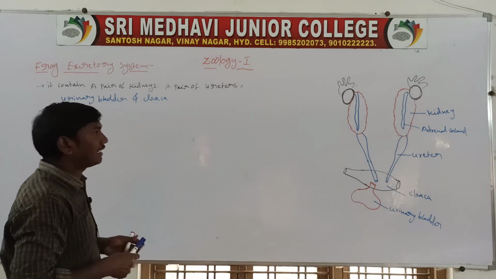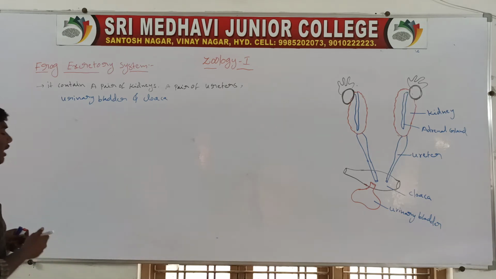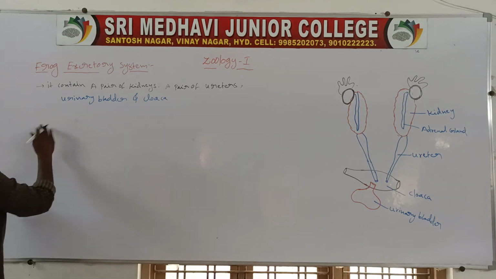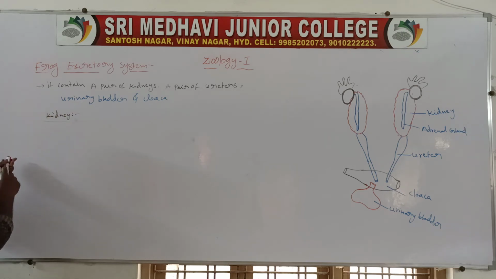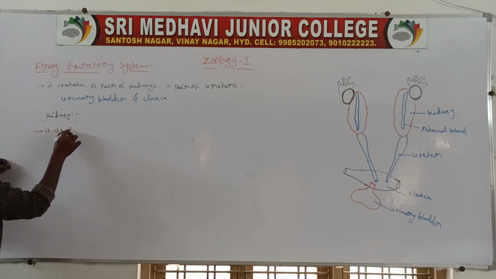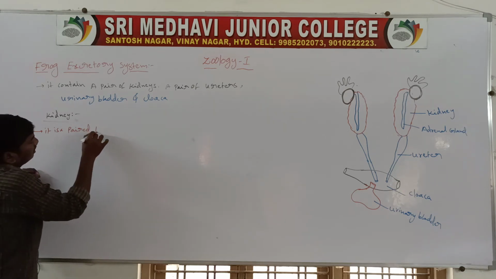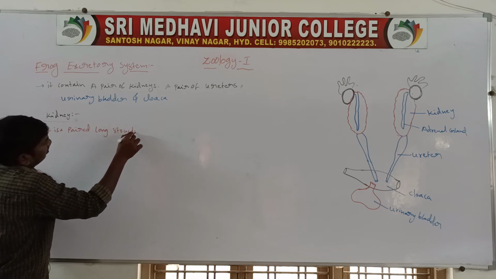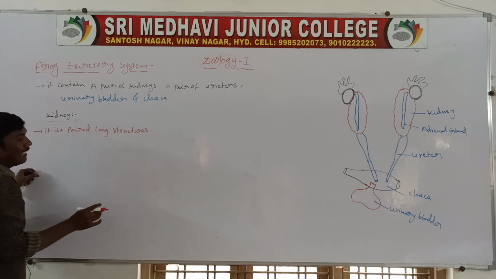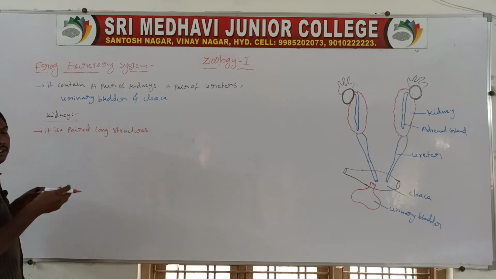First, the kidneys. Kidneys are a pair of long, elongated organs.